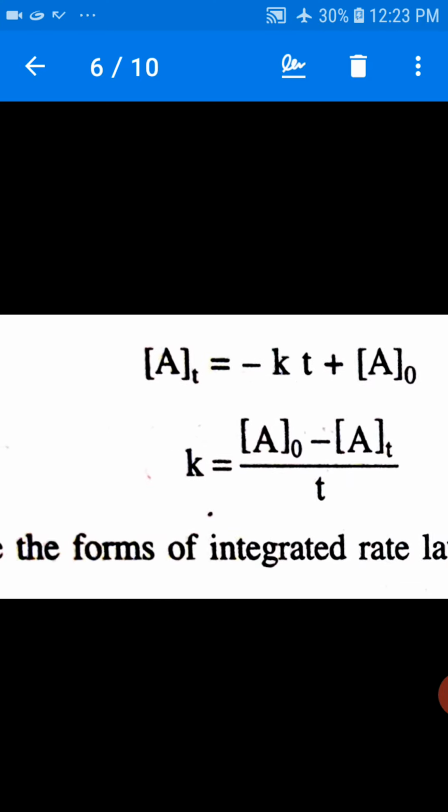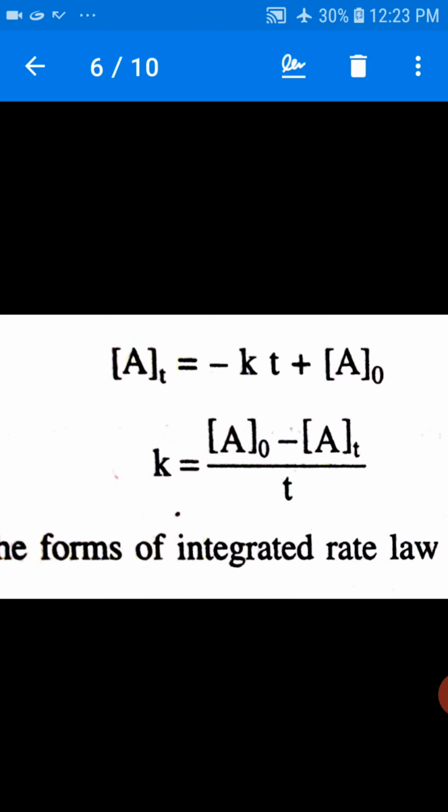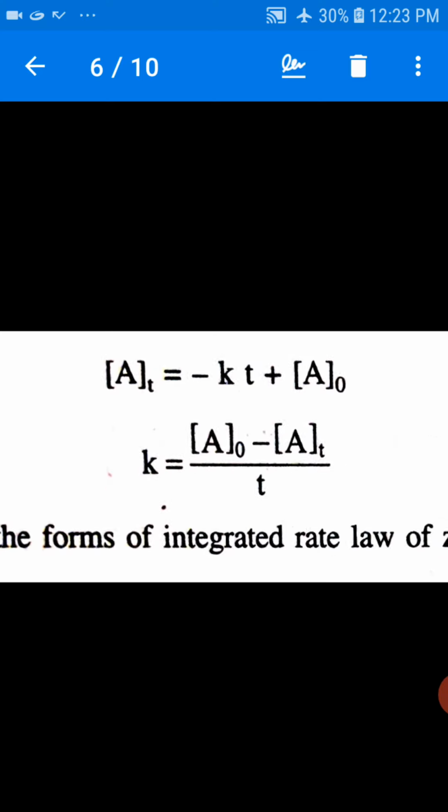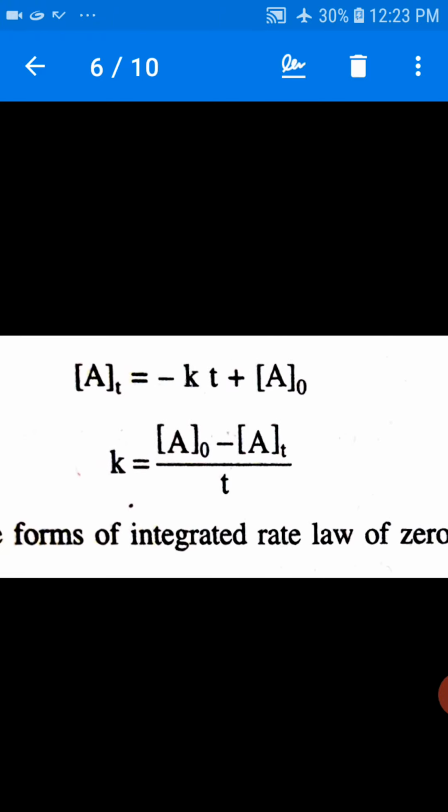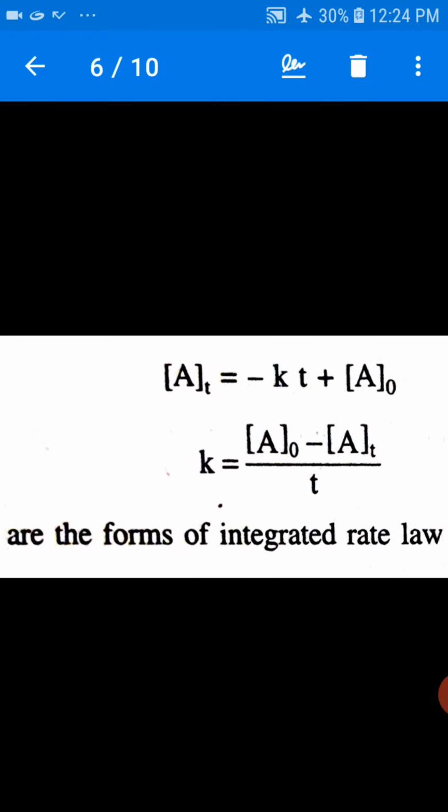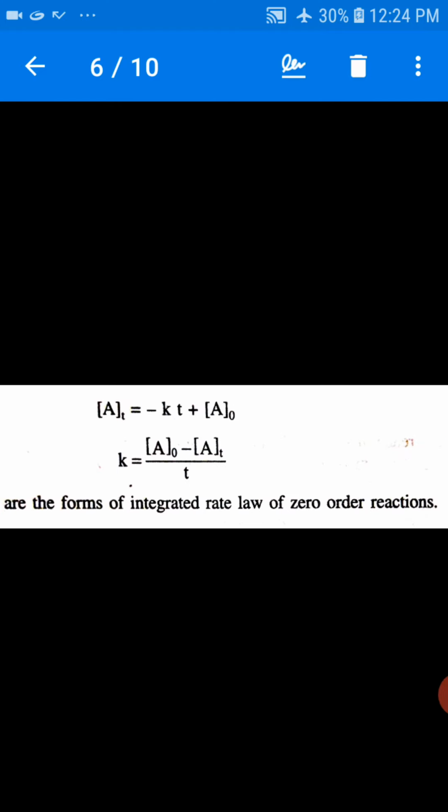Therefore, At equal to minus Kt plus A0. Therefore, K equal to A0 minus At upon t. So, these are the forms of integrated rate laws of zero order reactions.